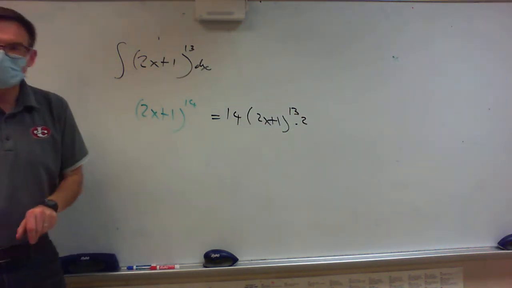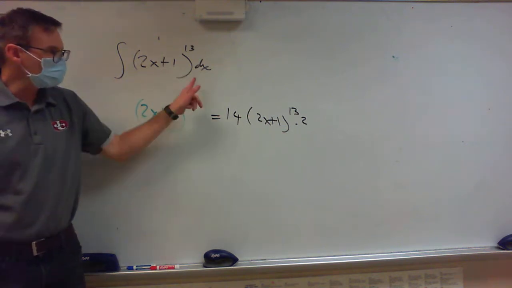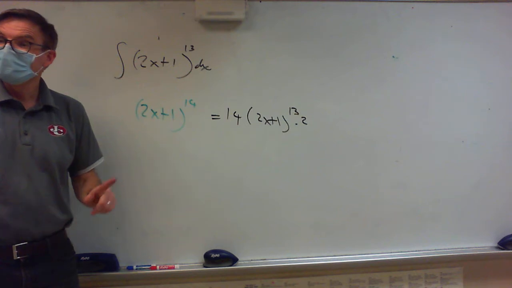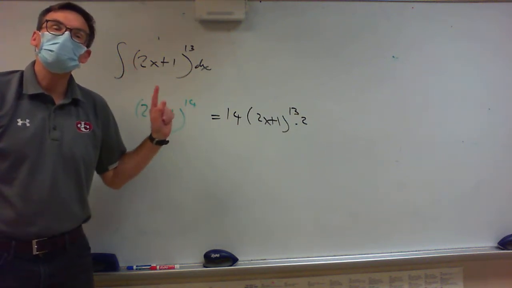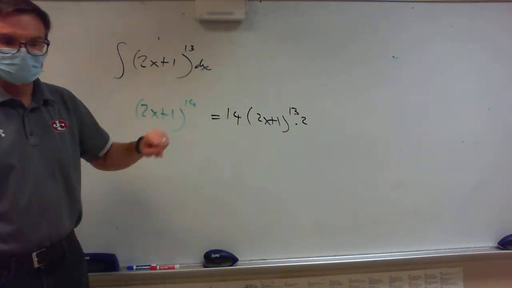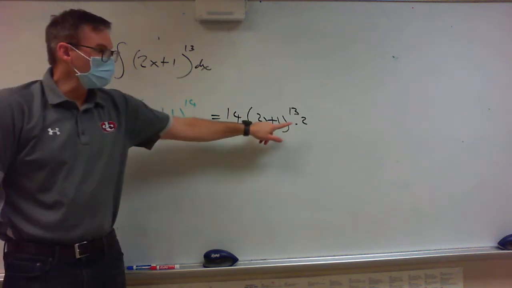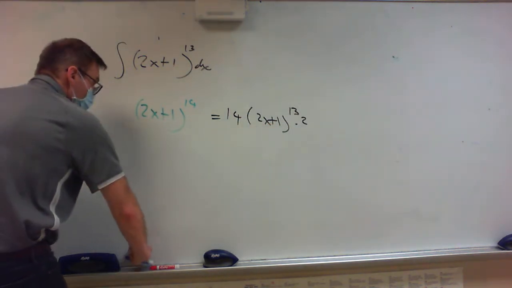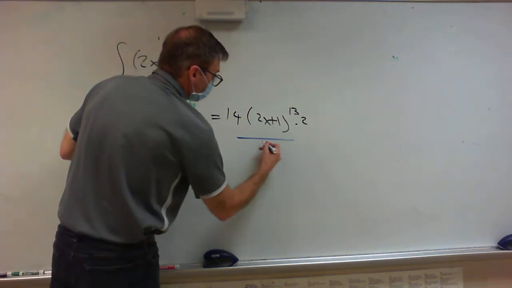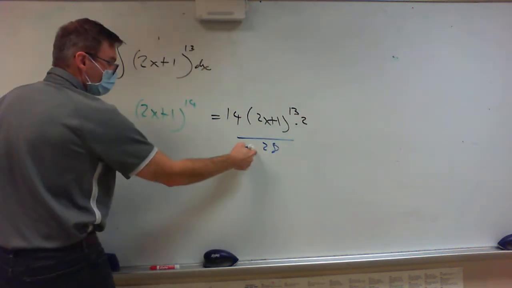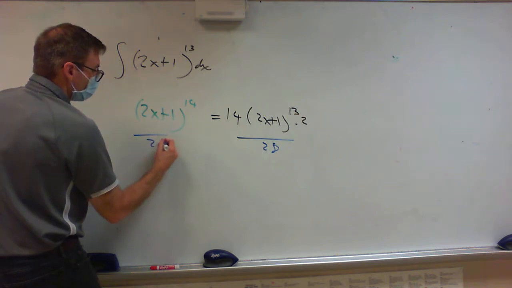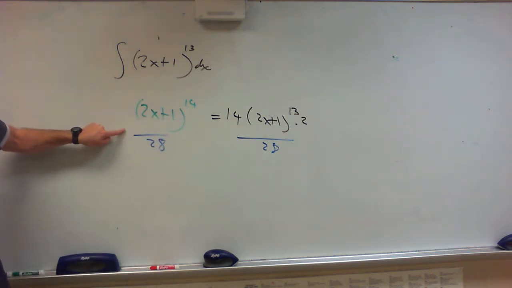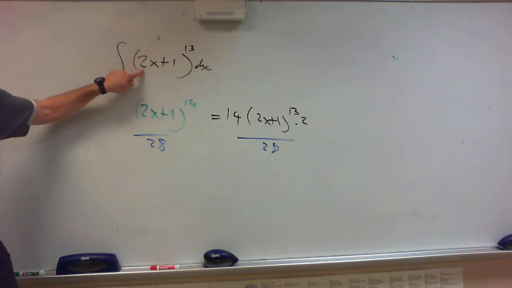Now you have to ask a very important question. Is this the same? No. Is it close? Yeah. What do I need to do to make this look like this? Divide by 28. I got to divide by the 14 and the 2, so I need to divide by 28. And so I'm going to divide by 28. And whatever you do here, we're going to do here.